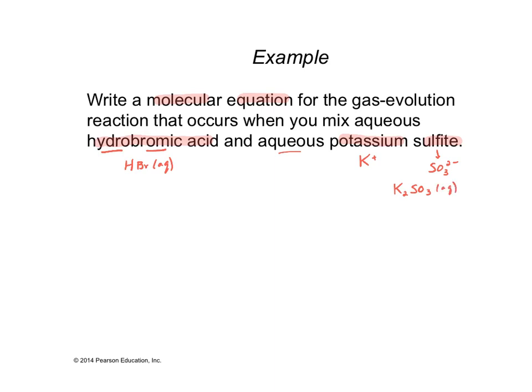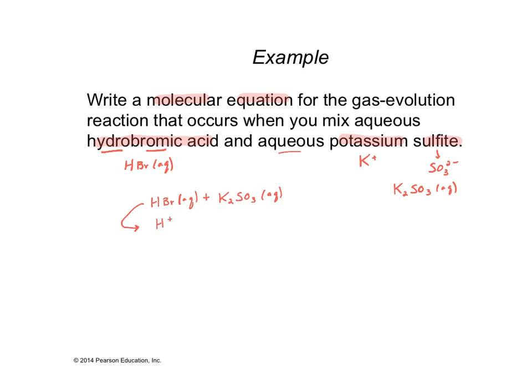All right, so I'm going to take my hydrobromic acid and combine it with my potassium sulfite, K2SO3. This is aqueous. Now I'm going to do the exact same thing that I have always done before with respect to these double displacement reactions.